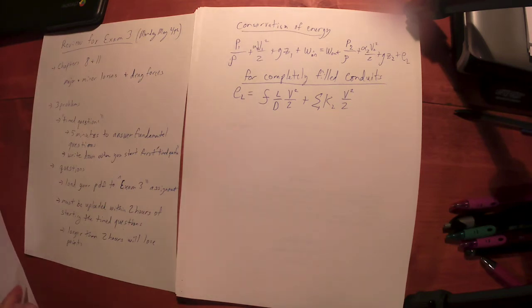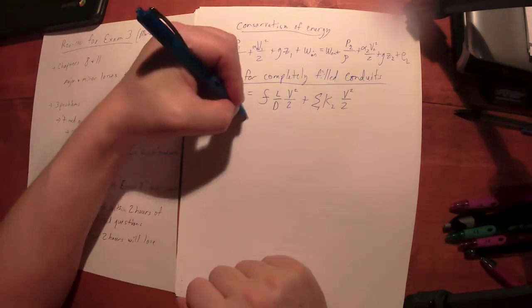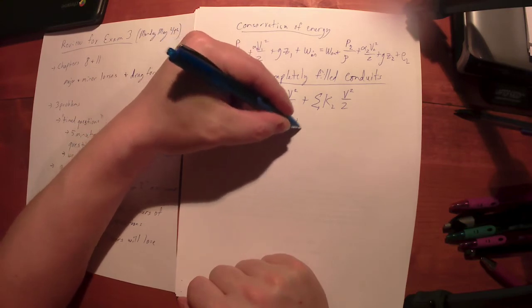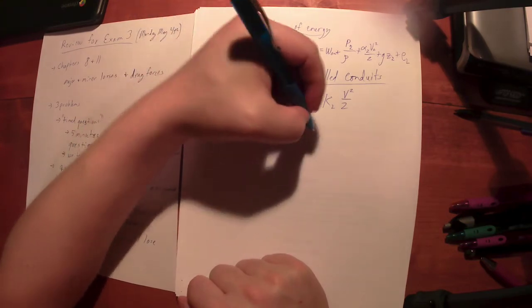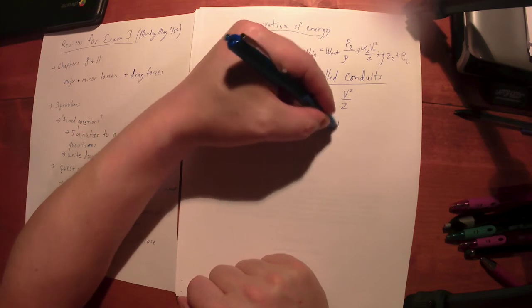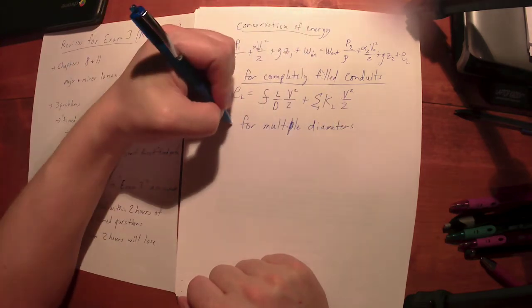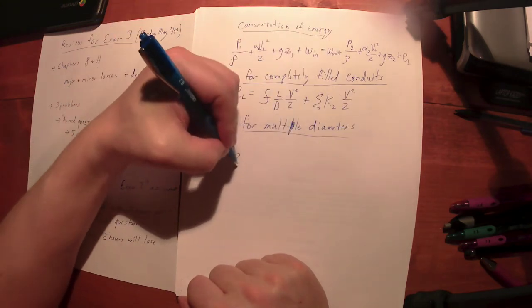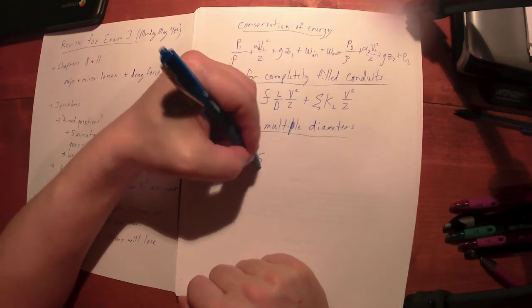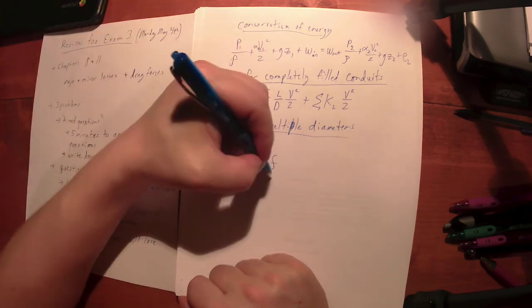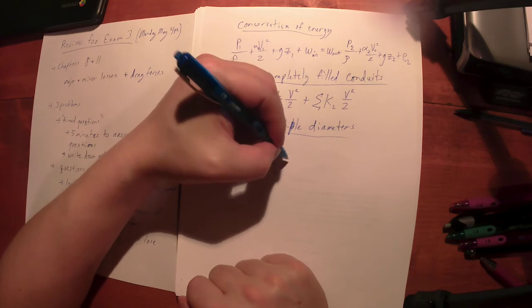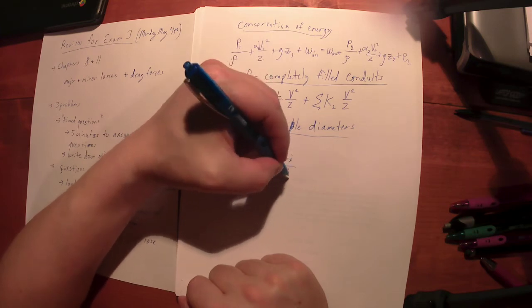Now again, for multiple diameters, right? If I have multiple diameters, this is a little more complicated. That energy loss is equal to the sum of all the Darcy friction factors for each individual section of pipe multiplied by its length divided by its diameter.